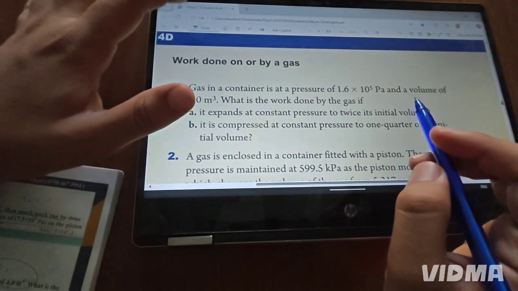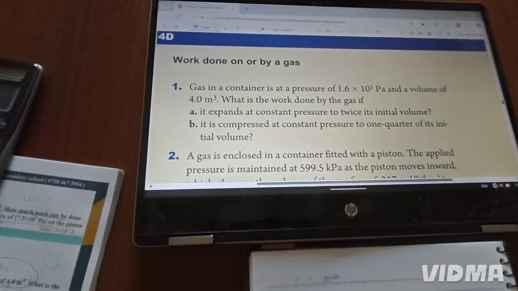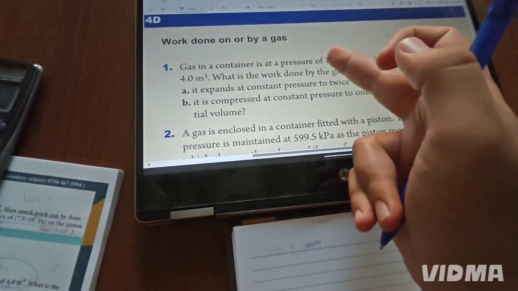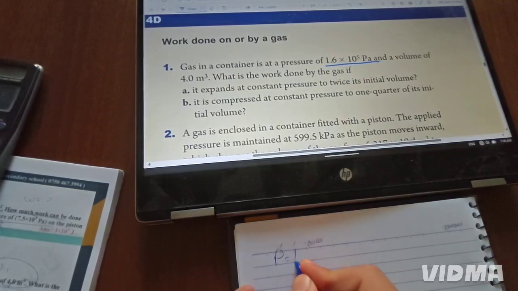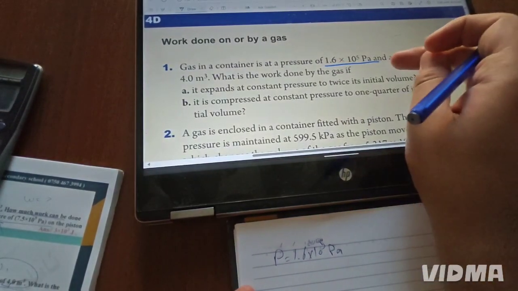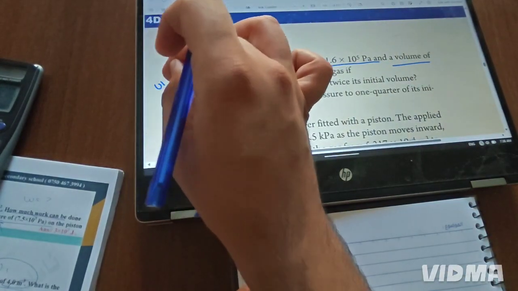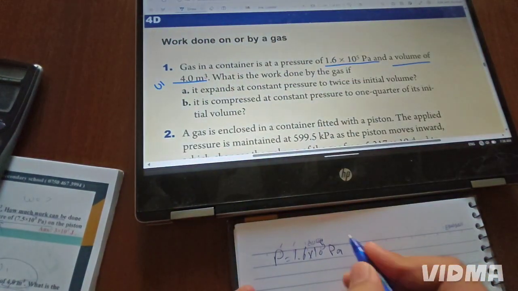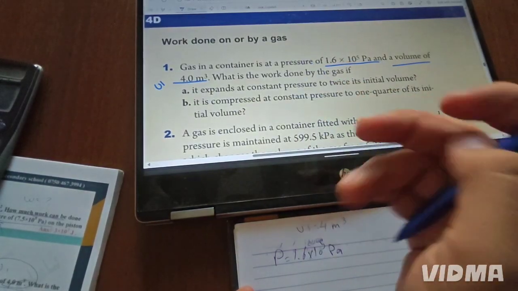So this is the pressure value, P equal to 1.6 times 10 power 5 Pascal. And the volume, this is volume number 1, because here we have 2 volumes. The first volume, V1 equal to 4 meter cube. What is the work done?